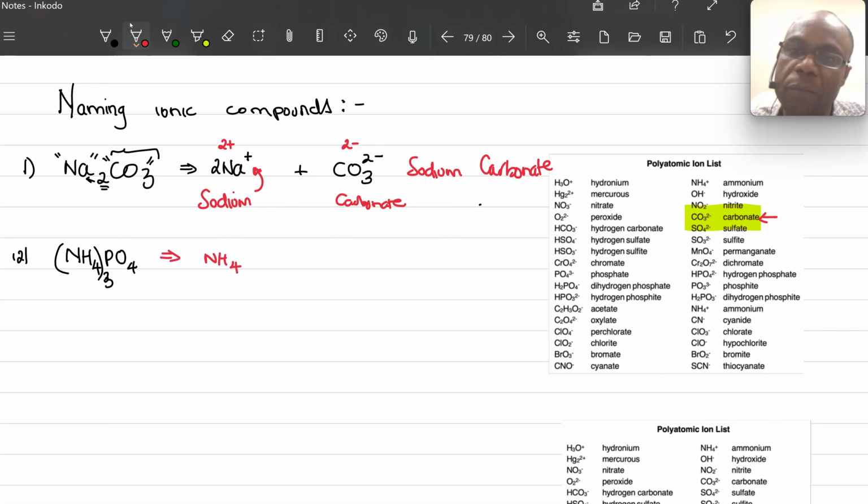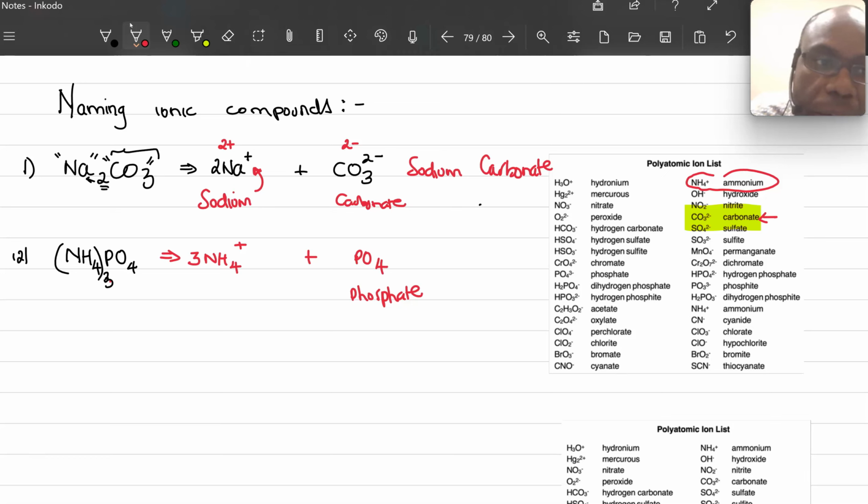NH4 is the polyatomic ion ammonium. So I split it. It seems like we have 3 of them. And then PO4 is the polyatomic ion phosphate. You will see the PO4 somewhere in our polyatomic ions here. It's right here. Phosphate has a charge of 3-.